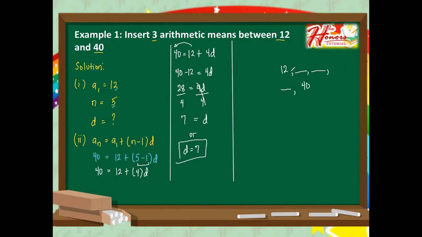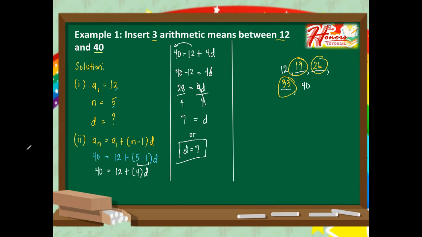So that is plus 7, plus 7, plus 7. So 12 plus 7, that's 19. So that's the answer here. So we have here 19. Plus 7, that's 26. So we have here 26. Plus 7, that's 33. So plus 7, that's 40. So the answer is 19, 26, and 33 for this kind of given.